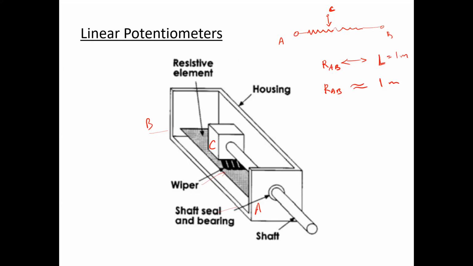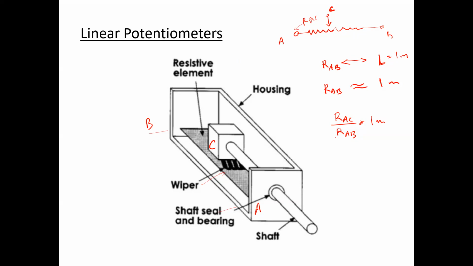If there is any displacement which is coupled with this slider, then with respect to that displacement, where the slider is located, the resistance of RAC up to that point can be determined. So you can determine what fraction RAC is of the total resistance and multiply it with the total length, and you can approximate the displacement of the physical quantity.